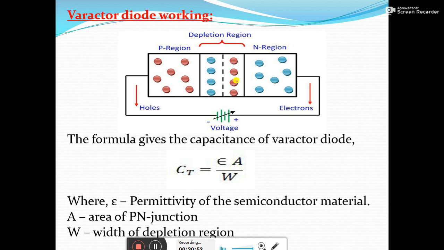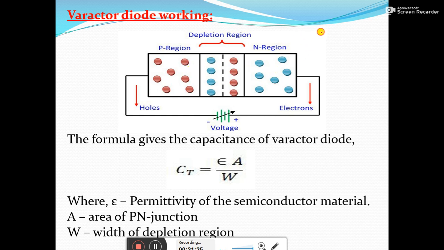Now you can see this construction, this schematic, it looks like a capacitor here. Here you can see a large number of holes, and here you are going to see a large number of electrons. These two are separated by the depletion layer. This depletion layer is depleted of free charge carriers, or you can say it acts like an insulator between these two positive and negative electrodes.